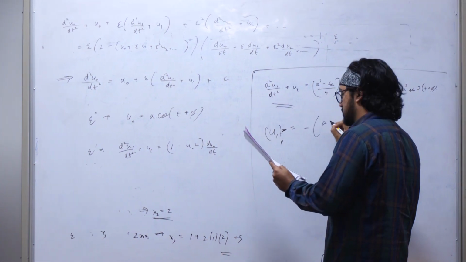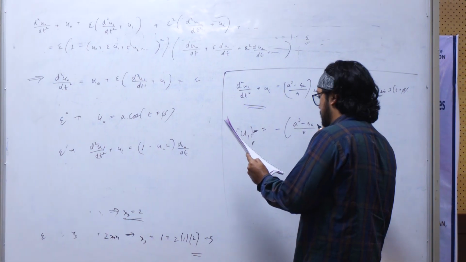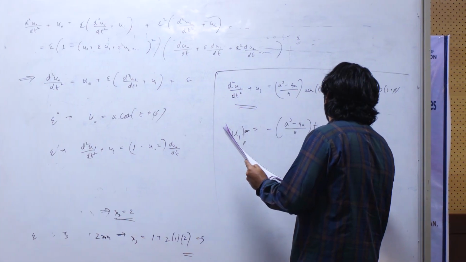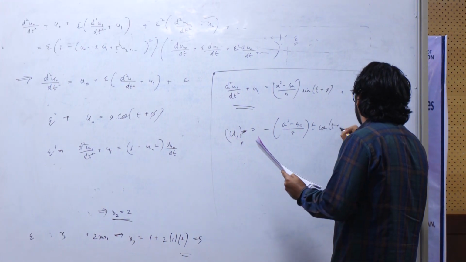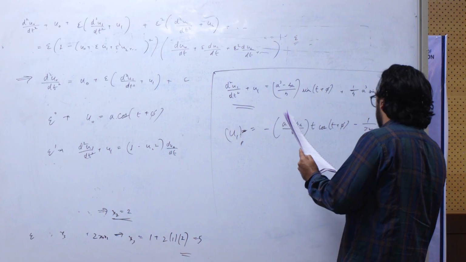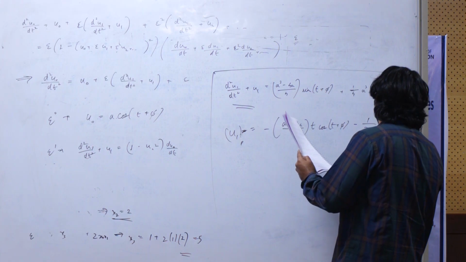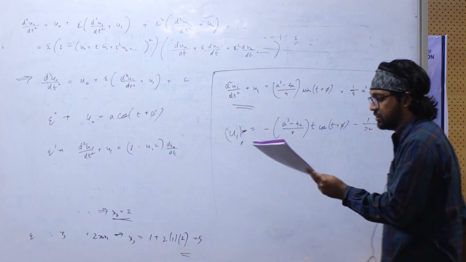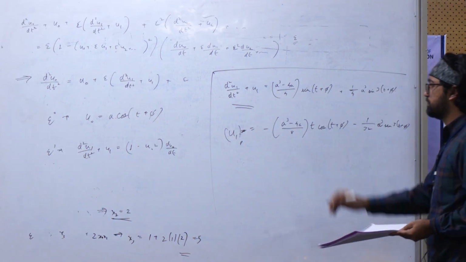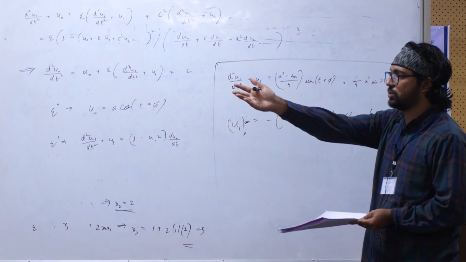So, which is minus a cube by 4a by 8 t cos t plus phi minus 1 by 32 a cube sine 3 t plus phi. So this is for the particular solution. And so now from this you can obtain the general solution for u1, and now you have u0 and u1.